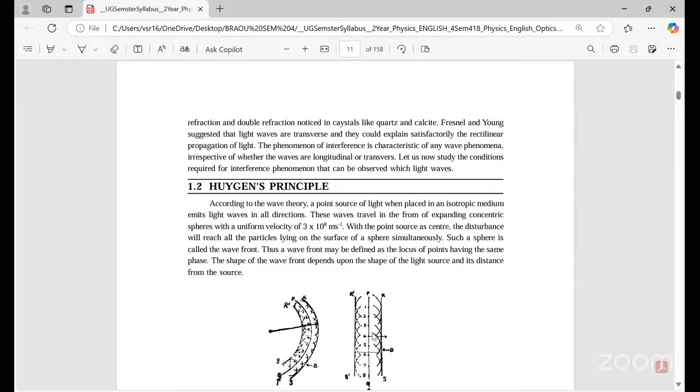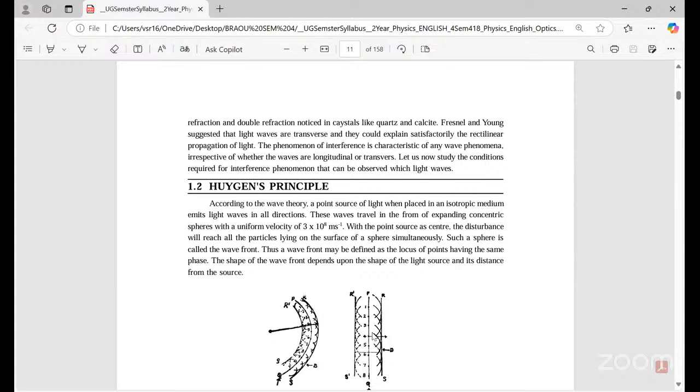Along the principal direction, the ray entering the crystal, if it travels along the principal axis and emerges out, that is the extraordinary ray. But if some deviation takes place and it emerges out, that is the ordinary ray.